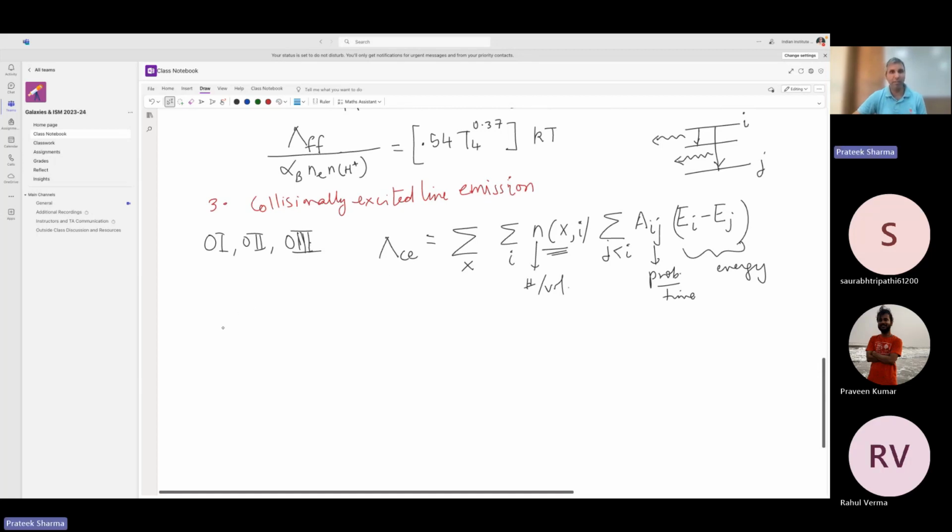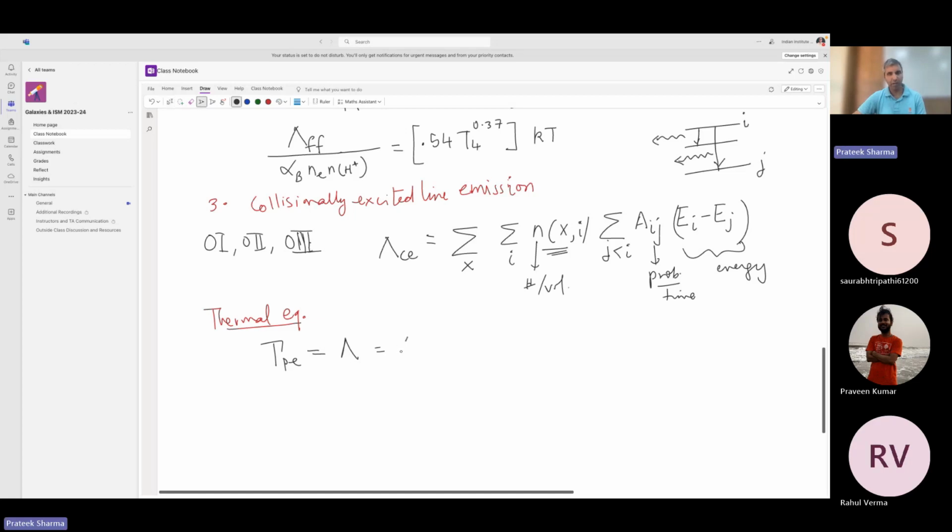So in thermal equilibrium, what happens? You have gamma PE, the photoionization heating, equal to the total lambda, the total cooling. These are heating rate per unit volume per unit time. This is the cooling rate per unit volume.